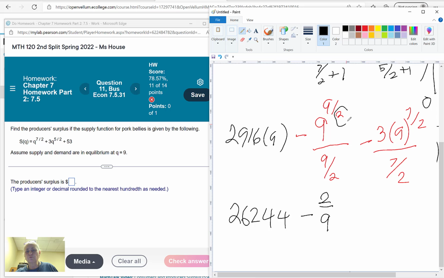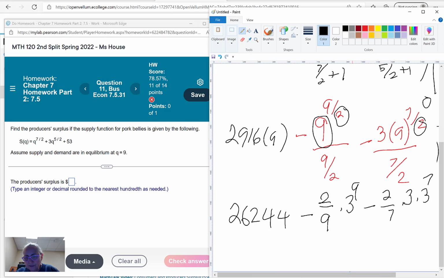The square root of 9 is 3, so times 3 to the 9th, minus this 7/2 becomes 2/7 times 3, and then the square root of 9 here is 3 to the 7th. So yeah, it's messy, but we can do this mostly with calculator.